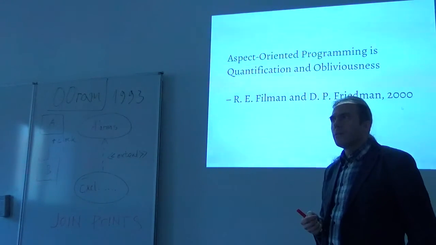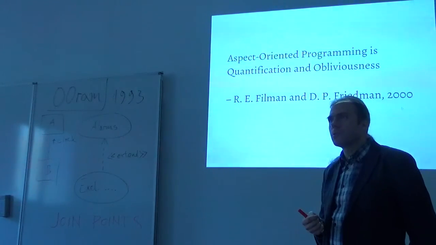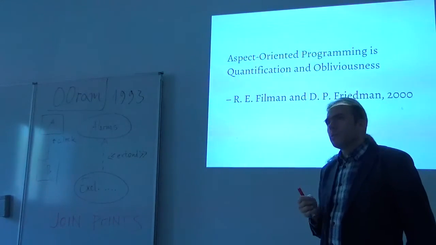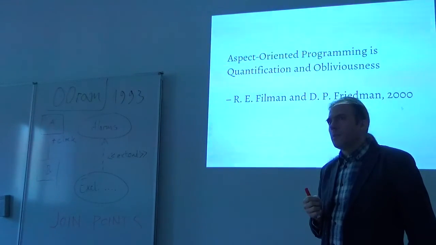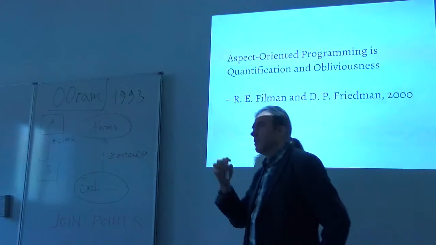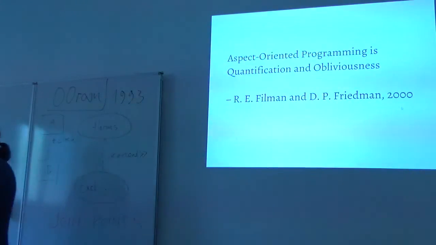But you gain some stronger control over what your aspects do affect, and you do this from the other side. So it's not that easy as Filman and Friedman declared some 20 years ago.